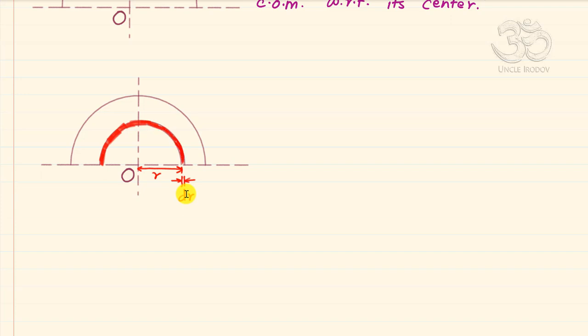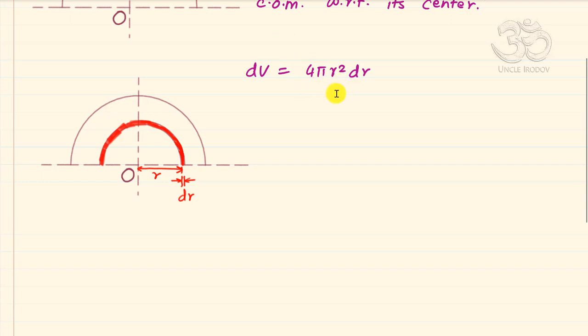Now I need to find out the mass of this shell. The mass of this shell can be very easily found if I just use the volume mass density here. So its small volume is going to be 4 pi r square dr, but you see that that expression is for the volume of a spherical shell, not that of a hemispherical shell.